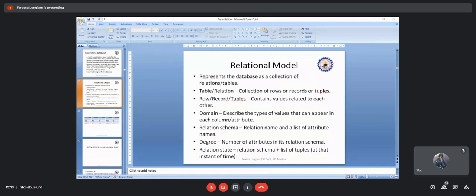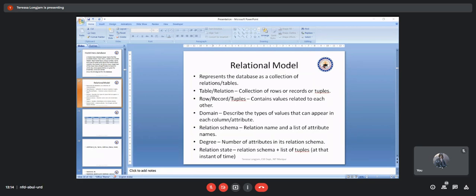So by using either relational algebra or relational calculus, we can write queries. And as it is a query, it will be used to retrieve information from the relational database. Again, I'll tell you, relational algebra and relational calculus exist in theory.